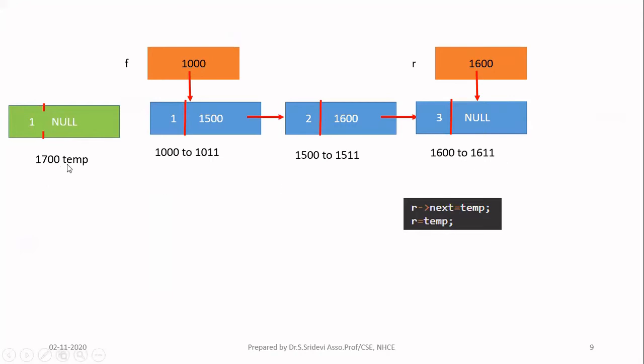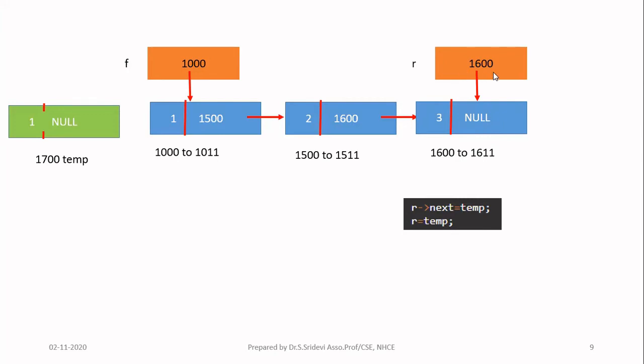This 1700 is available in temp, and I have to store it. I can access this by means of r, that is rear arrow next. So in rear arrow next, I'm going to store the value 1700. If I do that, instead of this null, it will contain the address of the newly added node.